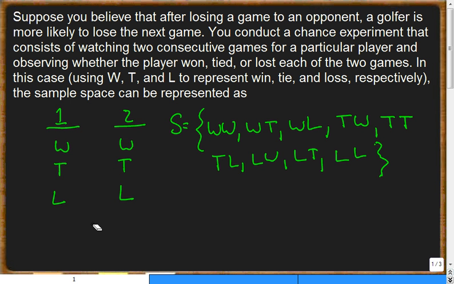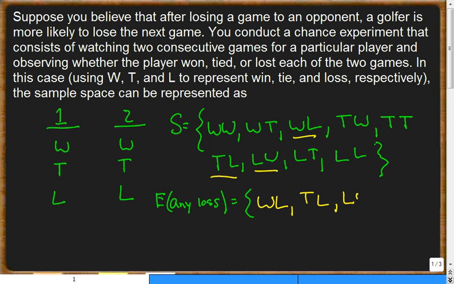Now we can use this to figure out different probabilities or different events that could occur. What about the event that we lose a match, so any loss? That consists of our win and loss, our tie and loss, our loss win, our loss tie, and our double loss.